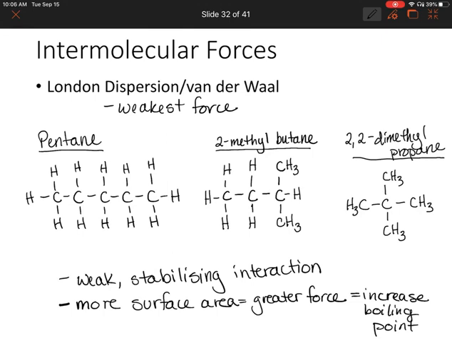Okay, so we already said that if something has more surface area, it will have more dispersion forces and therefore an increased boiling point. So which of these molecules do you think will have the greatest boiling point? Or another way to ask this is, which molecule has the greatest surface area?